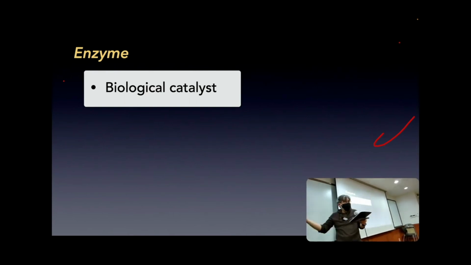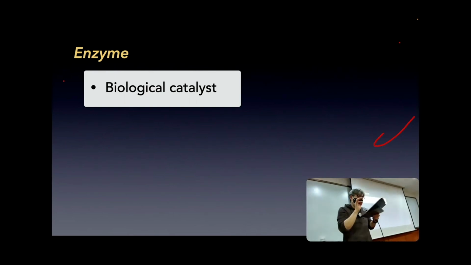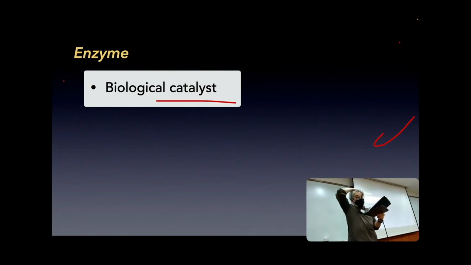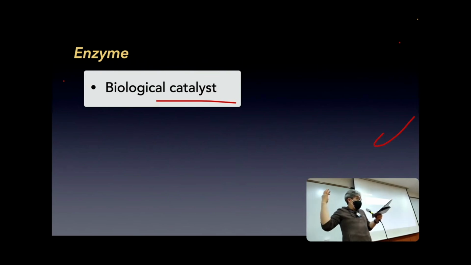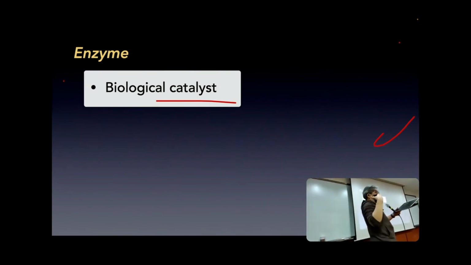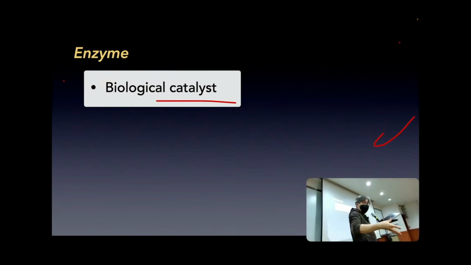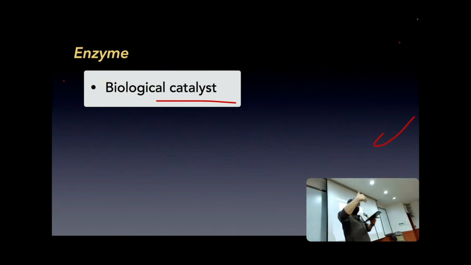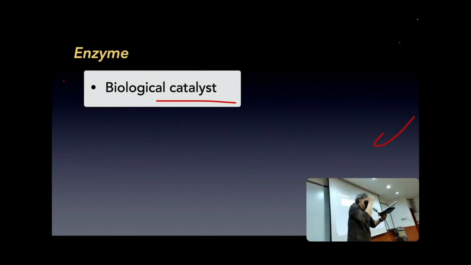So once again, let's try to put everybody on the same page. Enzyme is a biological catalyst. What do you mean, catalyst? The catalyst means it is not being consumed in the actual chemical reaction, but it still stays there as a kind of neutral guy, and the only thing it does is speed up the rate of reaction.